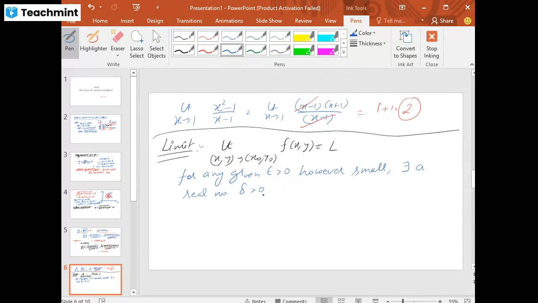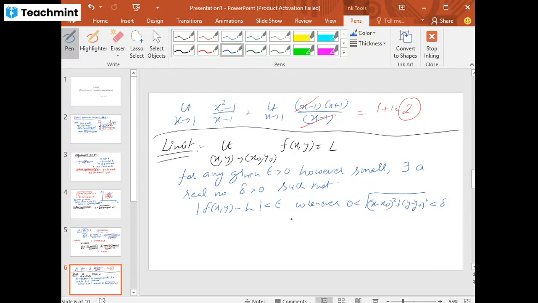Again, we are assuming it to be a small number, such that mod of f of (x, y) minus L is less than epsilon whenever 0 is less than square root of (x minus x naught) square plus (y minus y naught) square, which is less than delta.